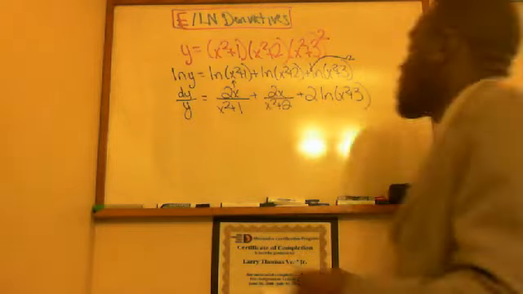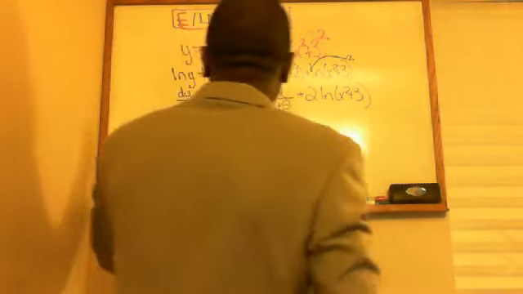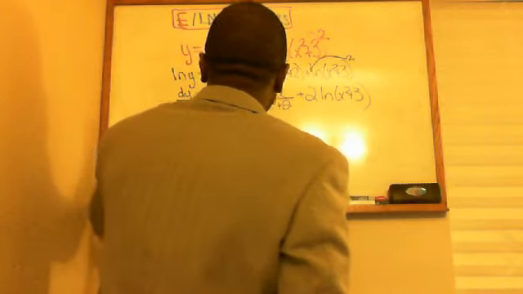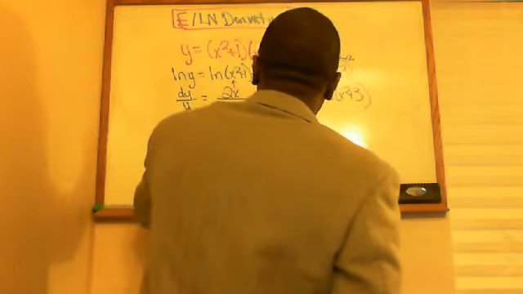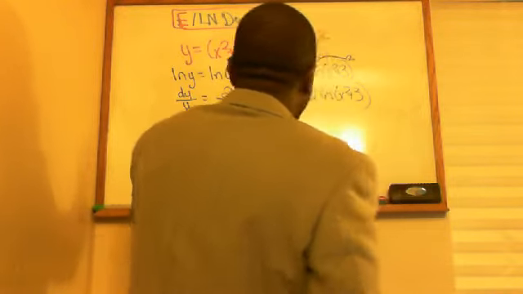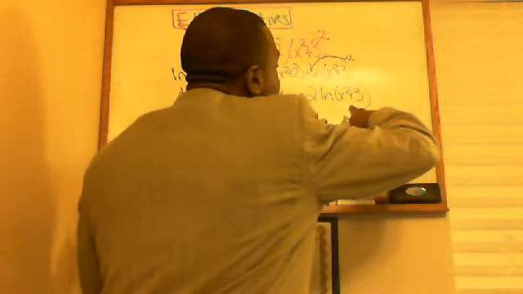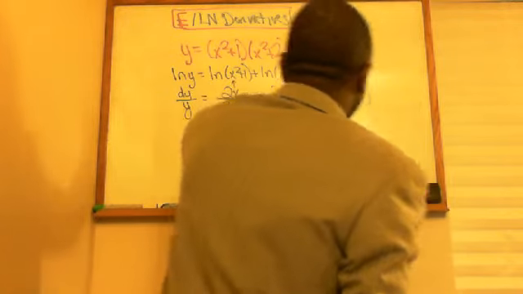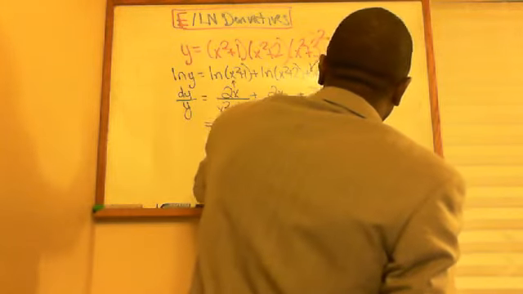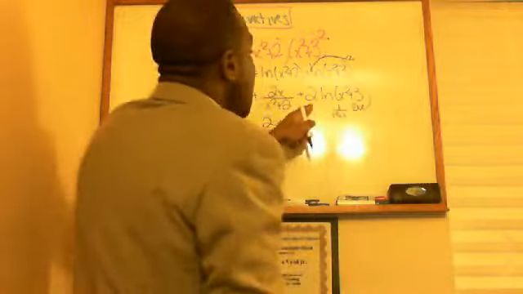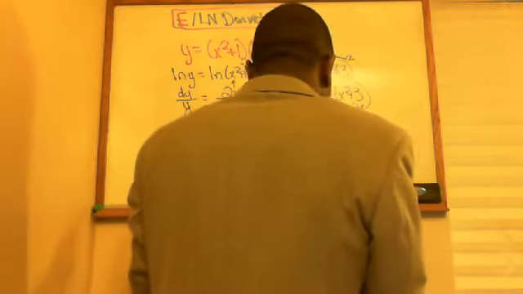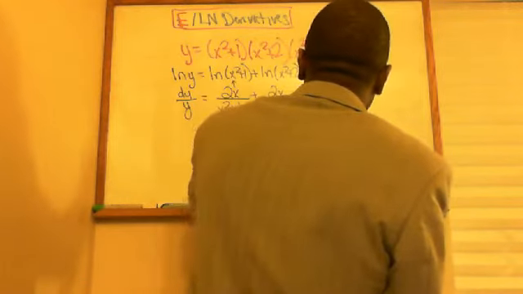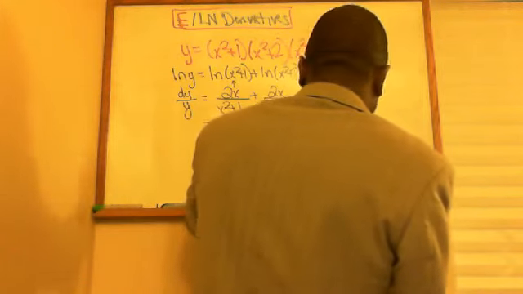The reason why is because I can now rewrite this as 2x over x squared plus 1 plus 2x over x squared plus 2, plus this right here is going to be 1 over x squared plus 3 times 2x. But I already got a 2 out here, so 2 times 2 is 4. It turns into 4x over x squared plus 3.